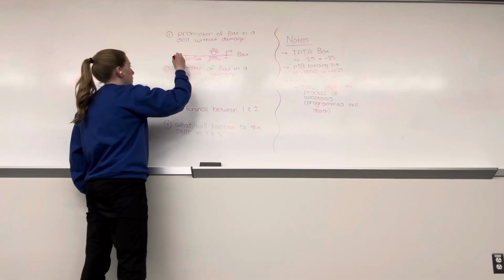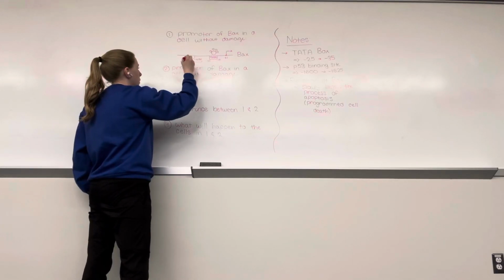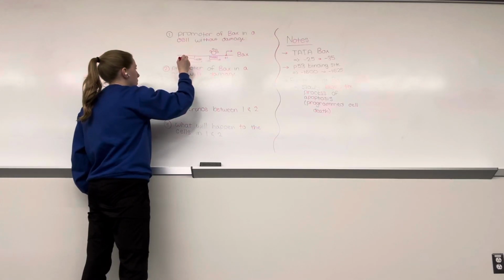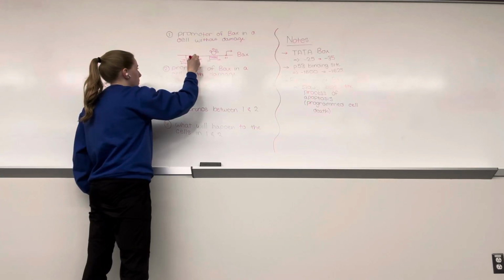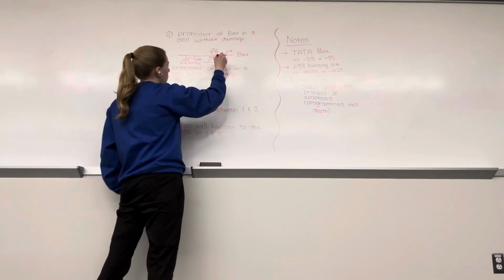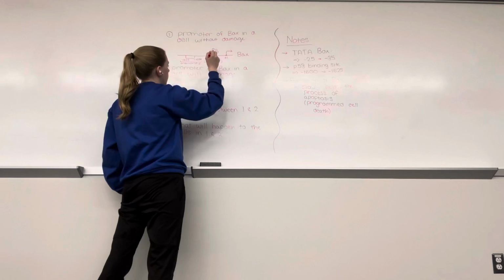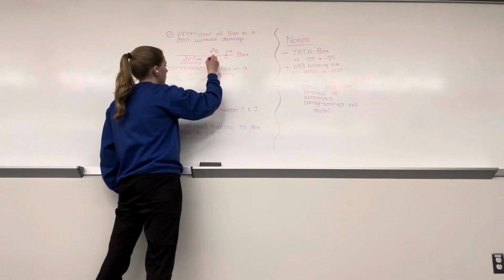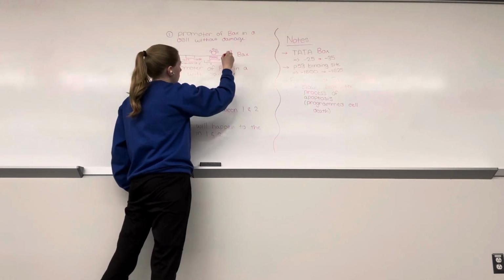Okay. So this part would be the transcription factor, transcript F. This part would be the initiation complex, which I will just write IC. And then this part right here would be SS, starting site.